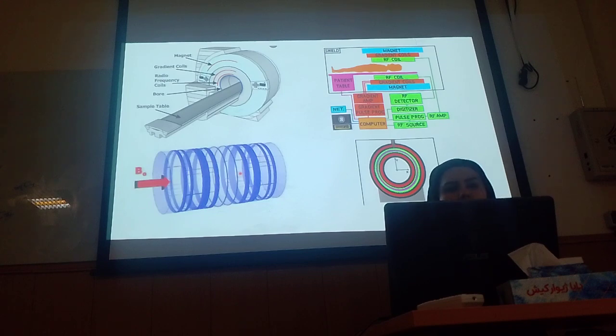So in the Z direction, we have a constant magnetic field.